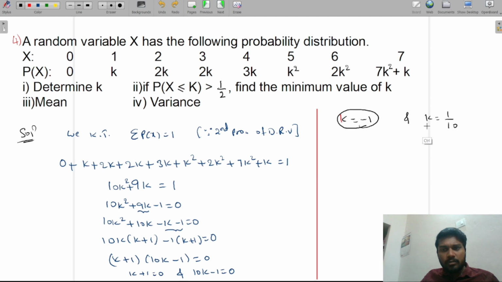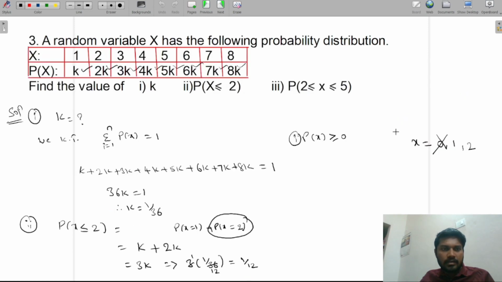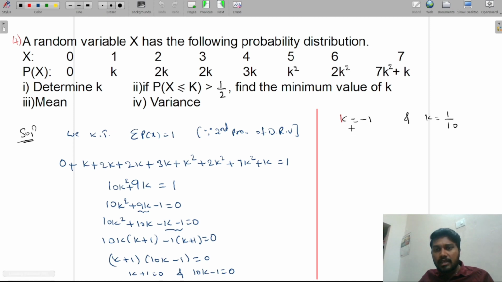But coming to the previous question, I'll show you once. There I got only one k, which had a positive sign. But in the present question, one k value is minus 1 and the other is positive. So which is the perfect solution for this question?